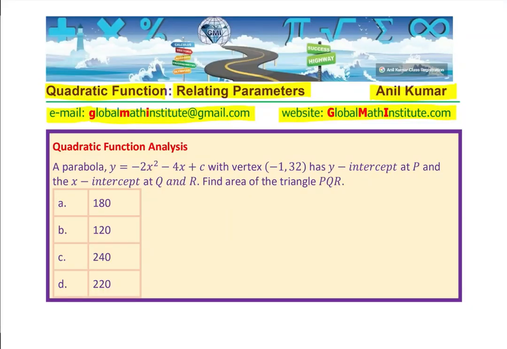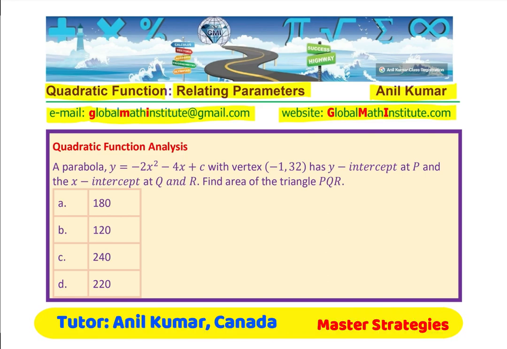Now, as per our strategy, let's first find the value of c. We are given the equation y equals minus 2x squared minus 4x plus c, and the vertex is (-1, 32), correct?